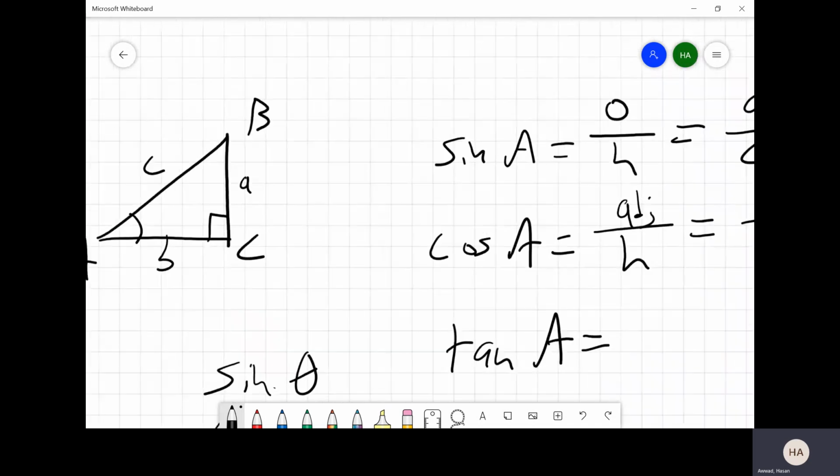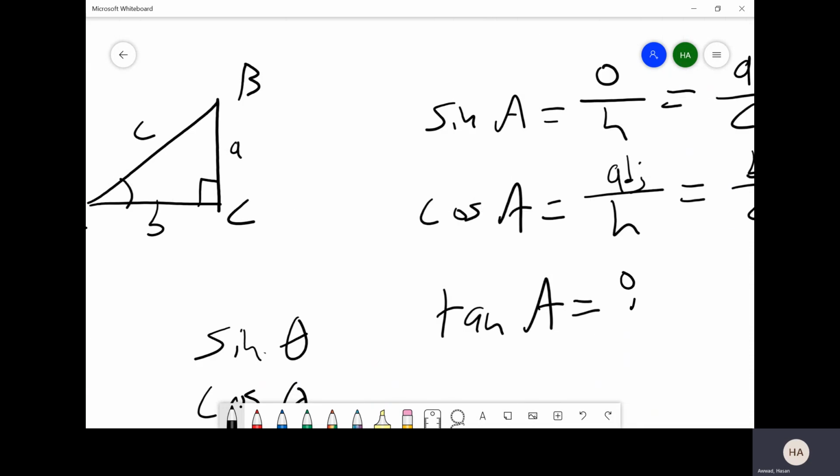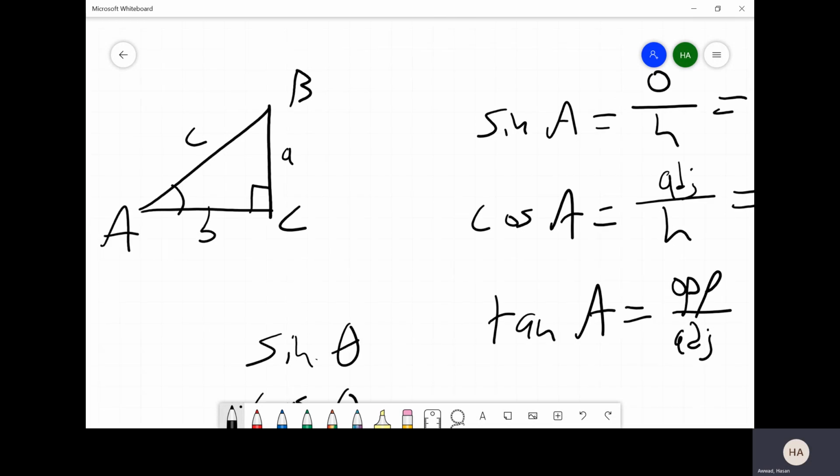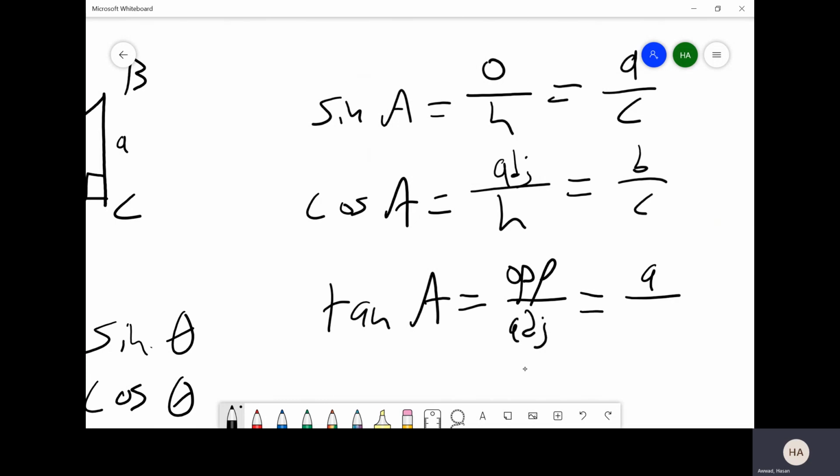So we look at our angle A, and this is going to be opposite over adjacent. The side that is opposite of angle A is side A, and the side that is adjacent to angle A is side B. So we have tan of A is just A over B.